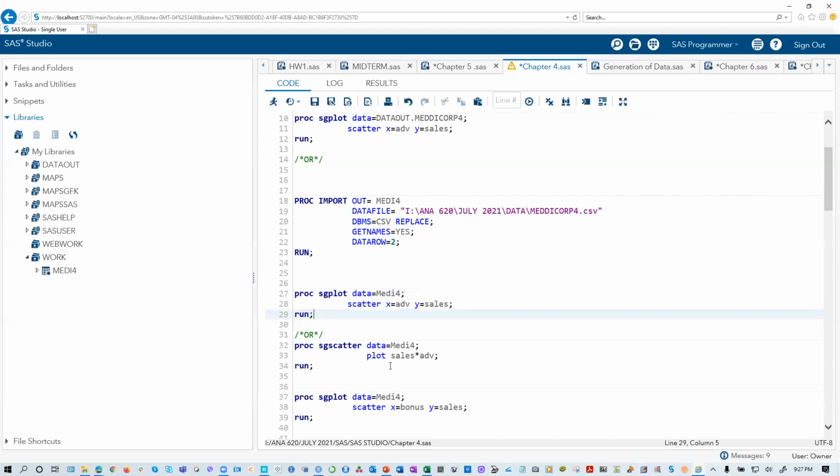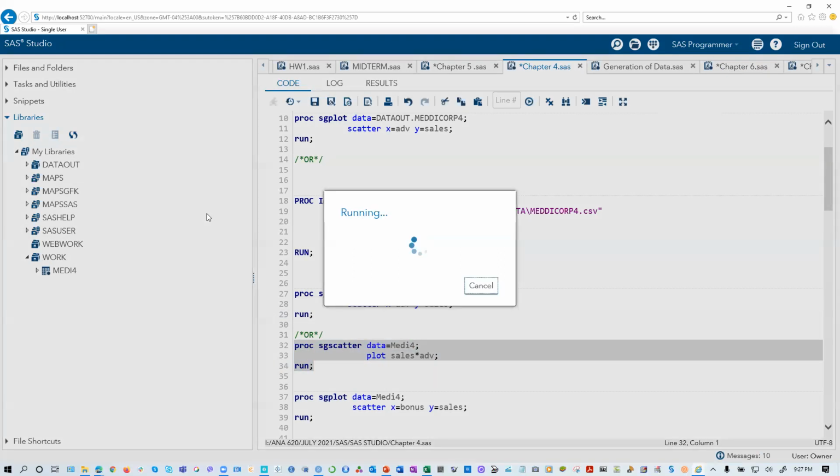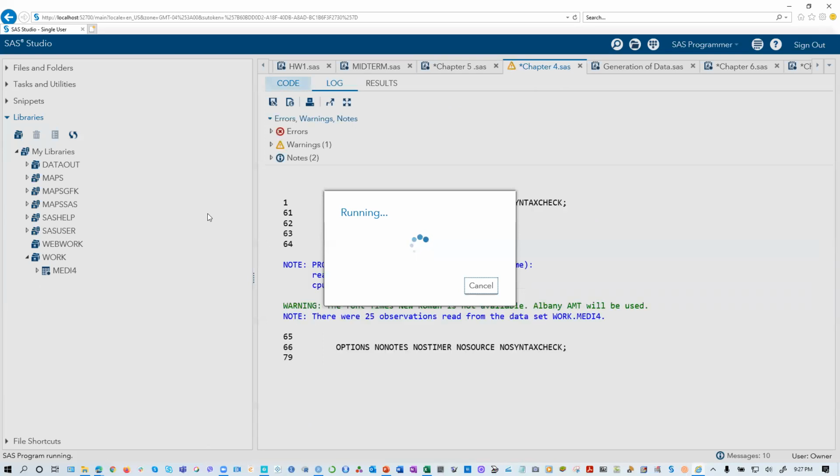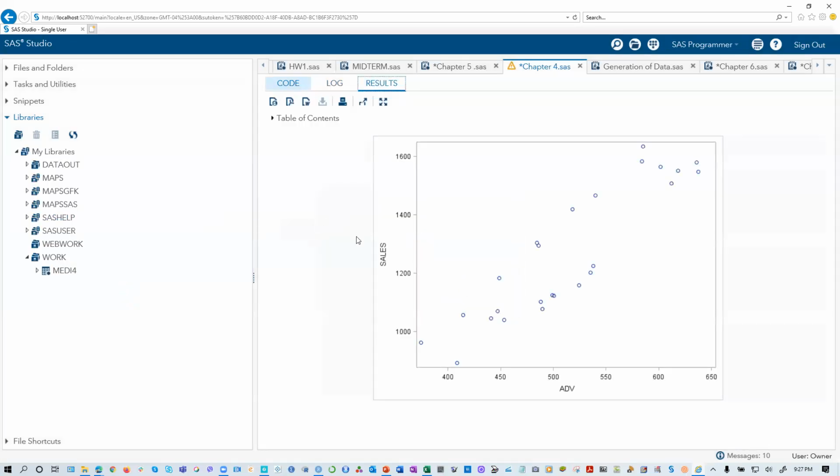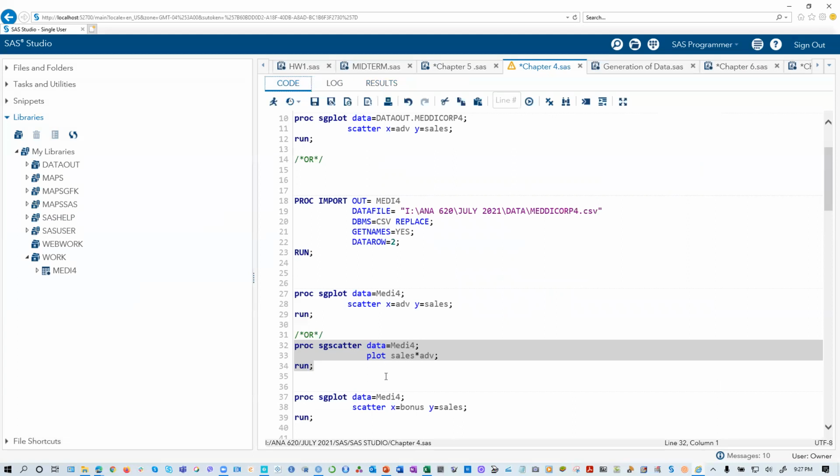I swap. Can you do it like that? Yes. Can I draw the scatter plot like that? Yes, sales versus advertising. But look at the format: sales times advertising. If you put the plot here, you put sales times advertising. But it should be SG scatter. SG plot scatter, same thing.